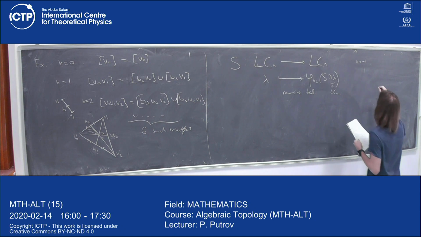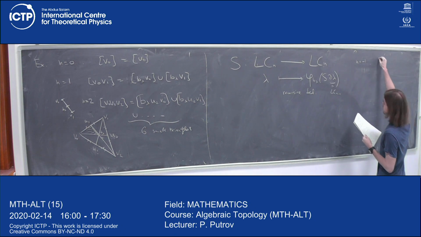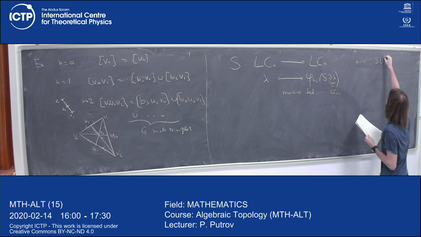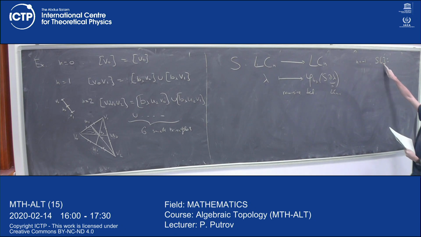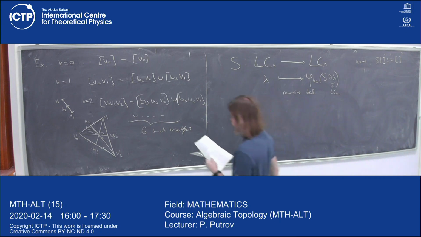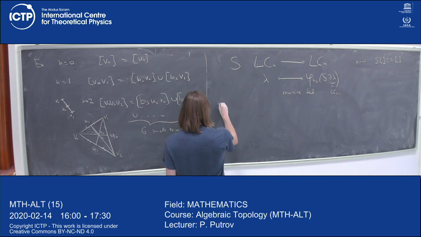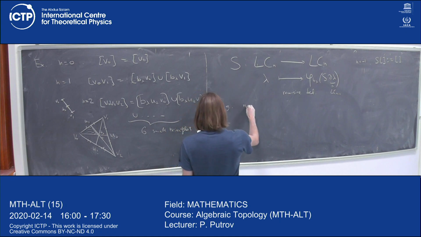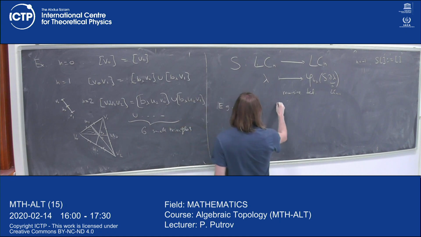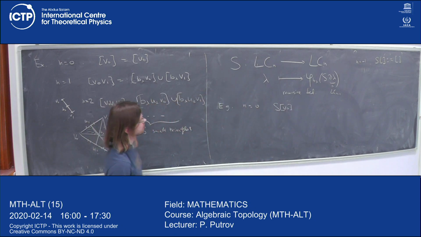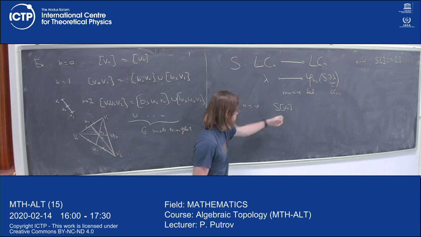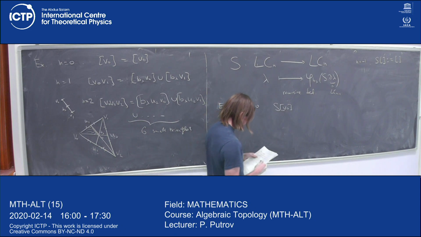But of course, I need to define the starting point. So I need to define what happens for n equals minus 1. For n equals minus 1, the only element is the empty sequence, and I define S to act as the identity. Again, let me write examples. For n equals 0, the generators in LC0 look like this, just sequences with one vertex.